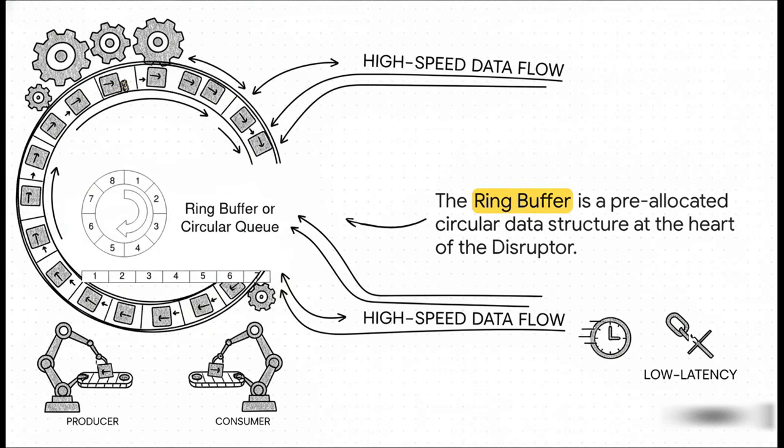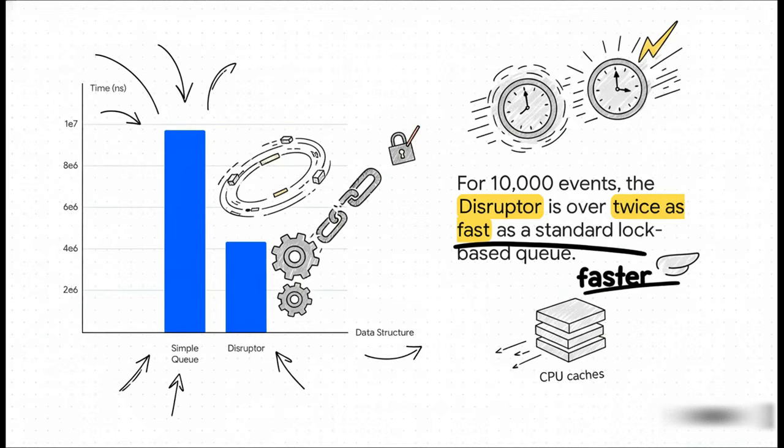This allows different parts of a program to add and remove data at the same time without bumping into each other, which avoids a huge bottleneck that plagues a lot of systems. And the benchmarks speak for themselves. To process 10,000 events, a standard queue took 9.7 million nanoseconds. The Disruptor did the same job in 4.3 million. That's more than twice as fast. It achieves this by cleverly avoiding system locks and making the absolute most of the CPU's caches.